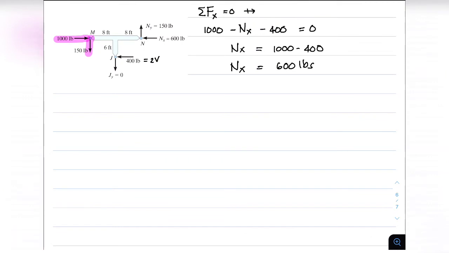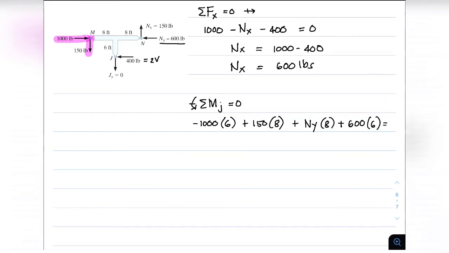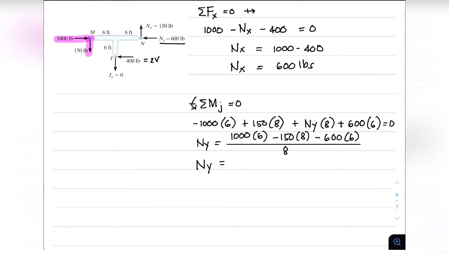based on our figure. Summing the moment at point J equal to 0 will give us negative 1,000 times 6 at point M plus 150 times 8 still at point M plus Ny times 8 at point N plus 600 times 6 at point N, giving us the value of our Ny equal to 150 pounds directed upward.